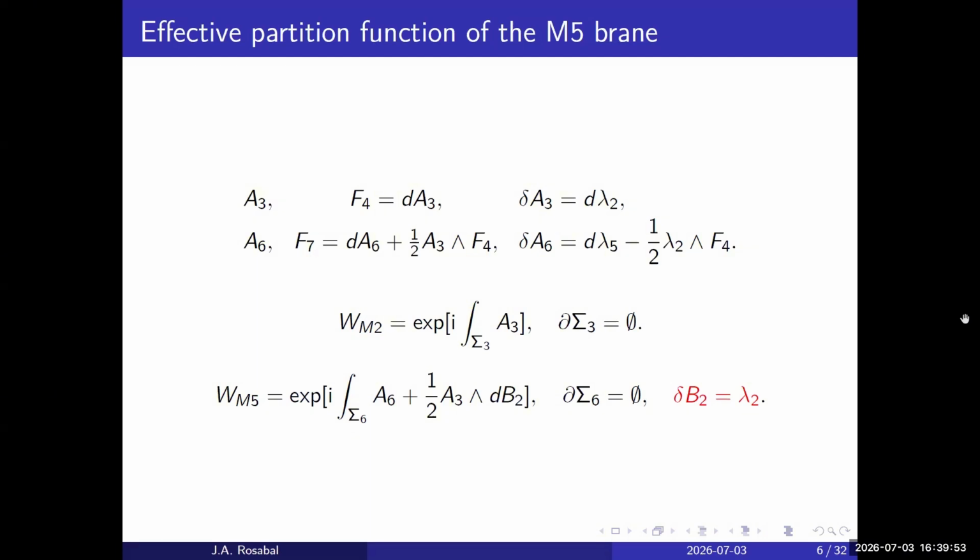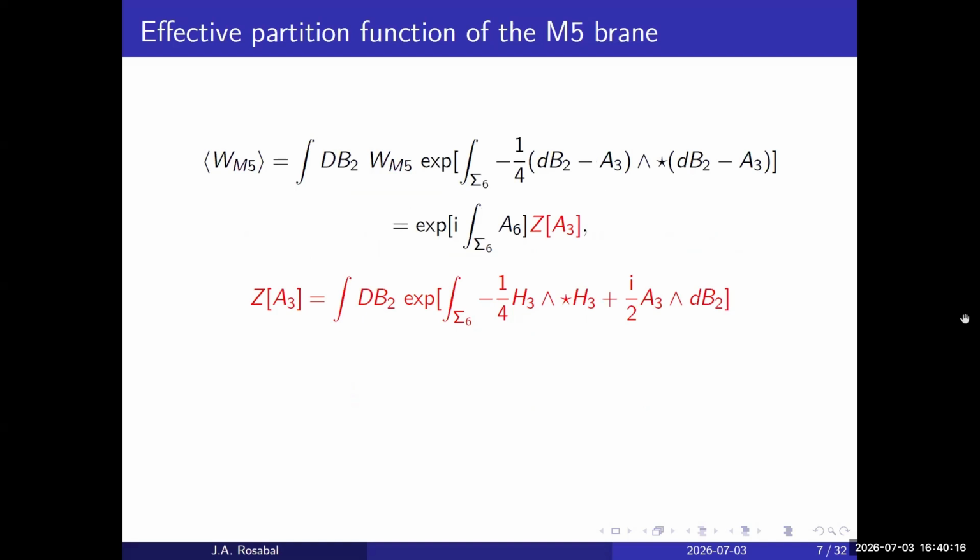If I have this field living on the M5 brane, but I don't see this field from the bulk, I mean, in the usual space, I don't see this field. The answer to this question is you have to integrate out this field. By integrating out this field, you get the effective theory depending only on A6. And you can do that, just integrate out the B field.